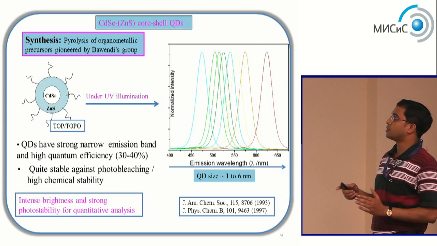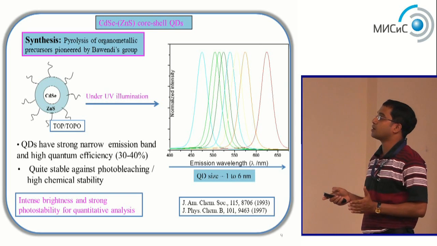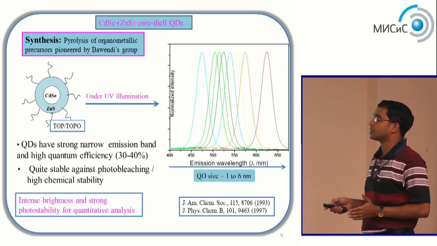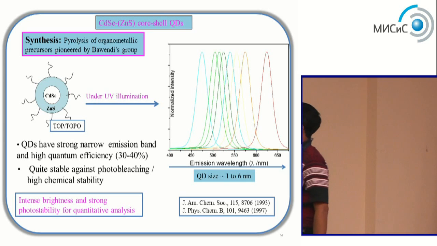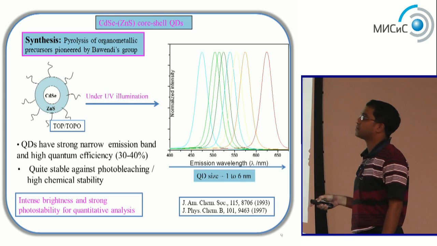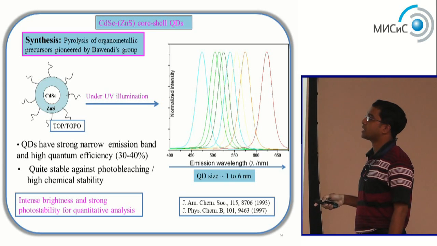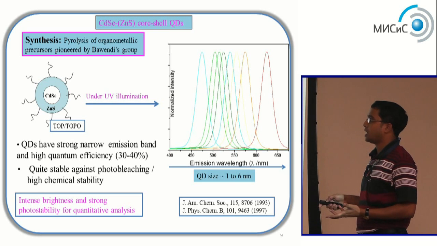The first quantum dot was synthesized by the pyrolysis method. As you see here, the core of cadmium selenide with a shell of zinc sulfide and a ligand of TOP or TOPO as you demand.